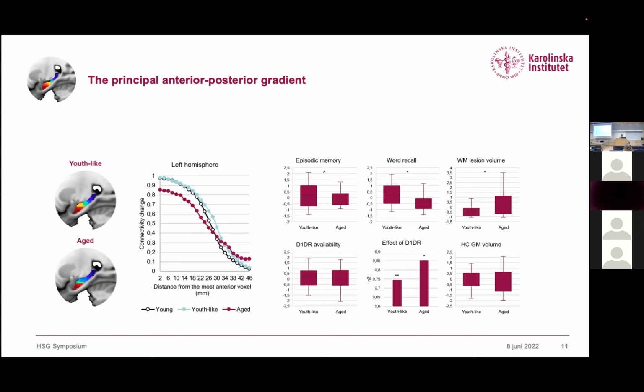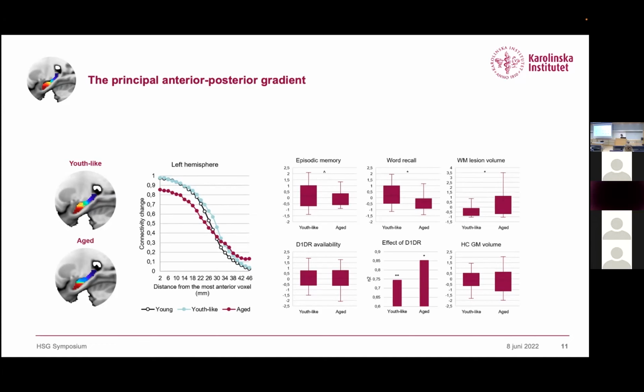But yes, so one remaining question that we're pursuing right now is to dig deeper into a potential role of dopamine in gradient maintenance in aging. So if these results suggest that having a youth-like gradient, a maintained anterior-posterior functional gradient in older age, is beneficial to memory, does dopamine play a part in that?